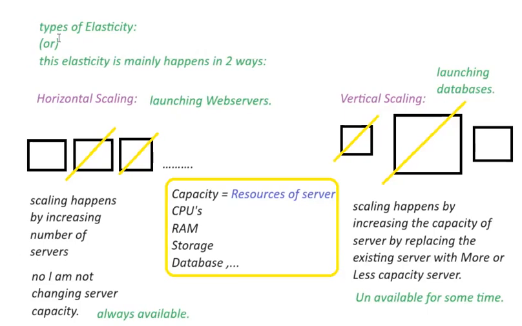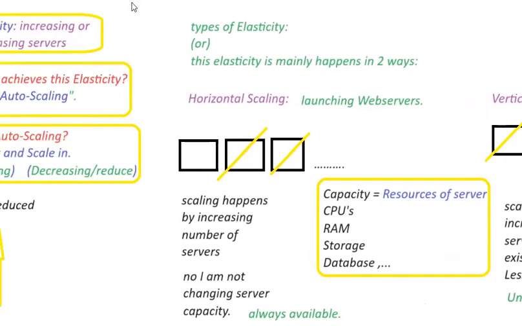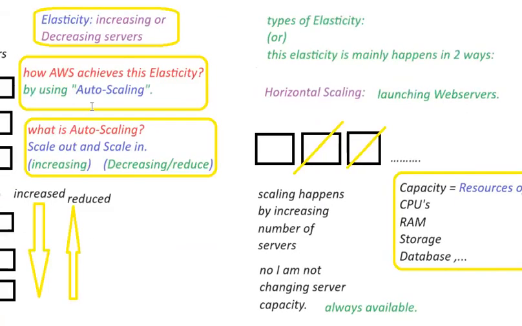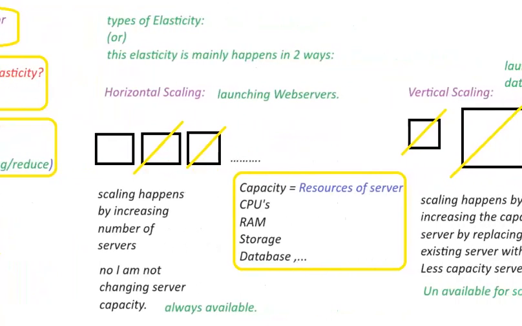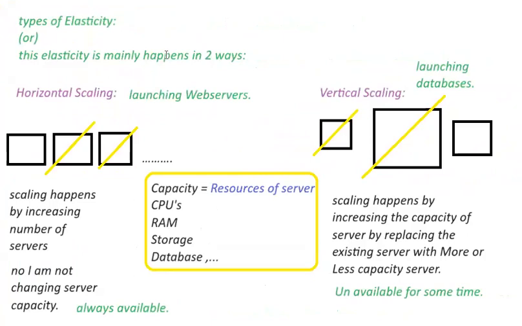So I hope you understood elasticity totally. We introduced what elasticity is and how it happens, how we do this elasticity in AWS and based on which service, and what the types of elasticity are while launching our servers, which is more efficient, what is better for launching which servers, and which is highly available and which is not.